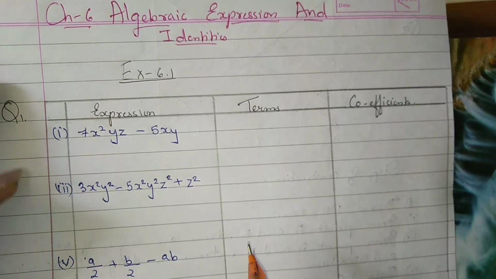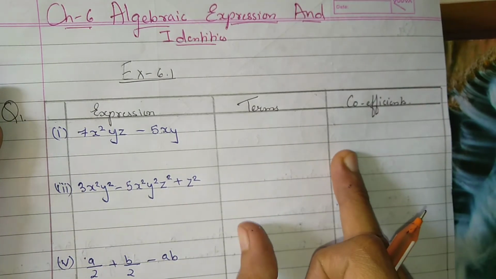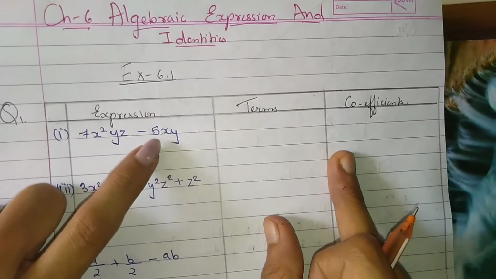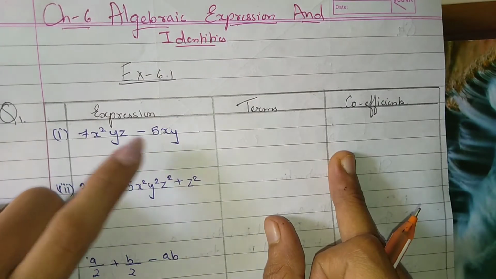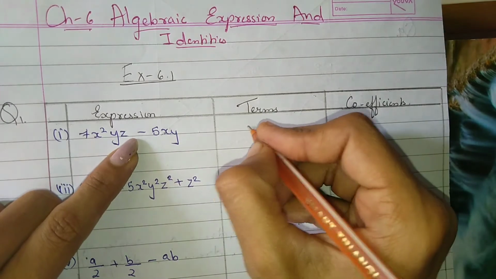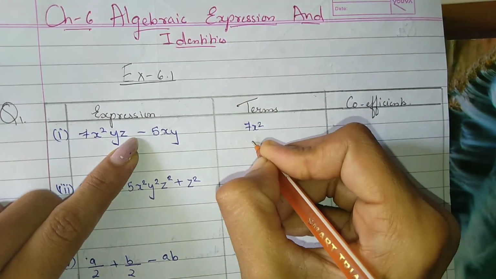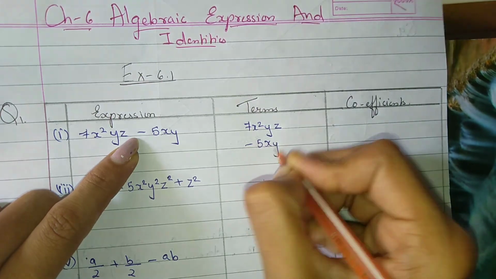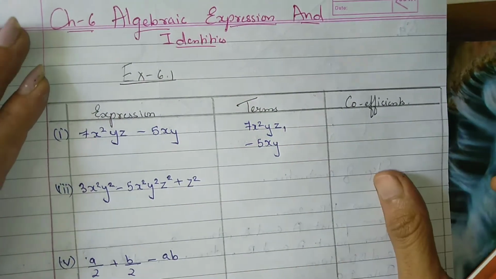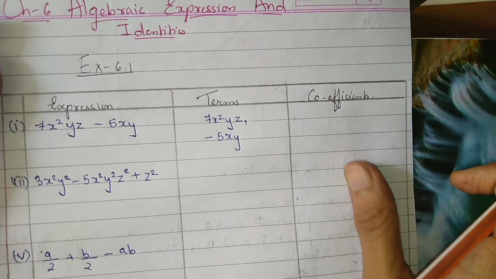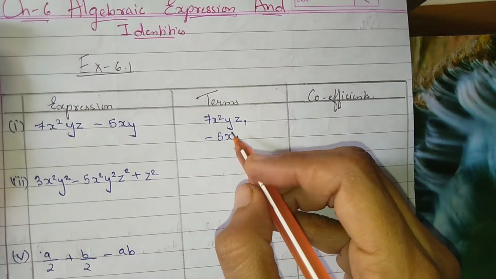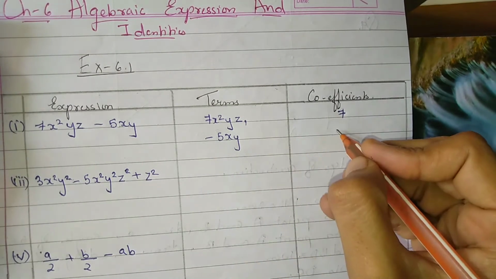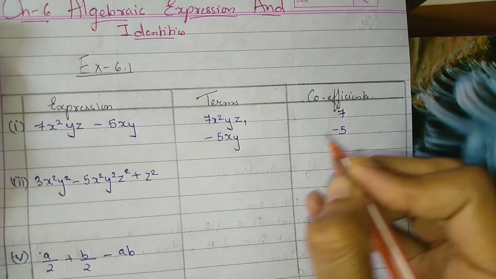So first one, 7x square yz minus 5xy. Now how many terms? 2 terms. So 7x square yz and minus 5xy, 2 terms, and their coefficient we have to write. So coefficient of 7x square yz is 7, and here coefficient is minus 5.